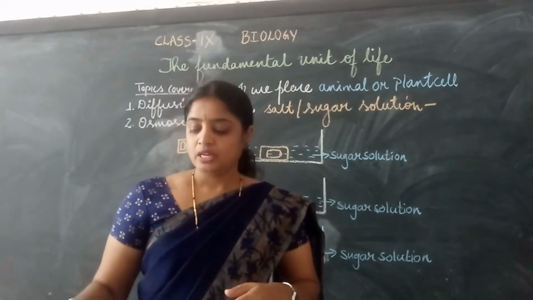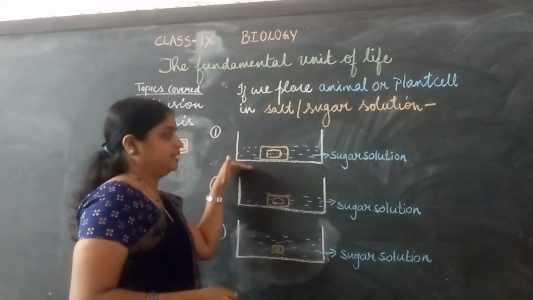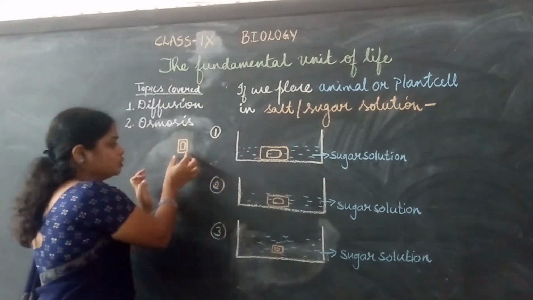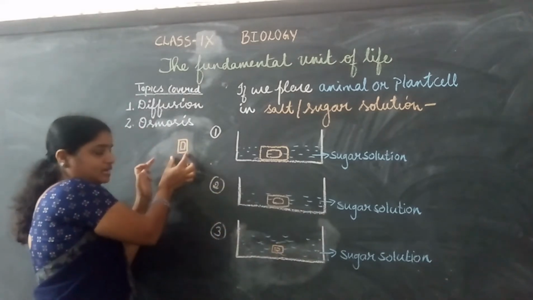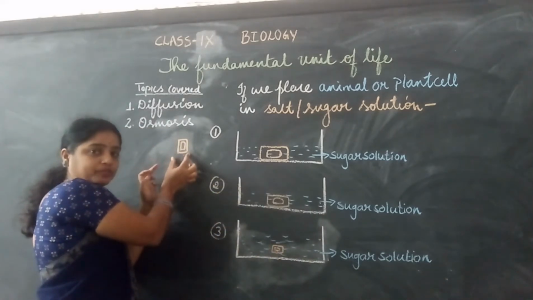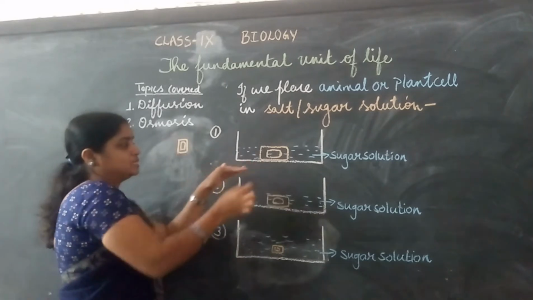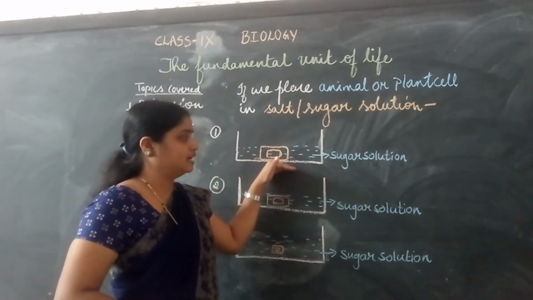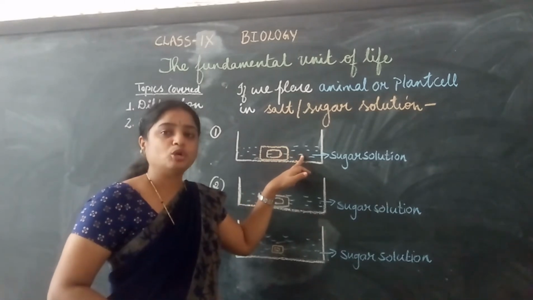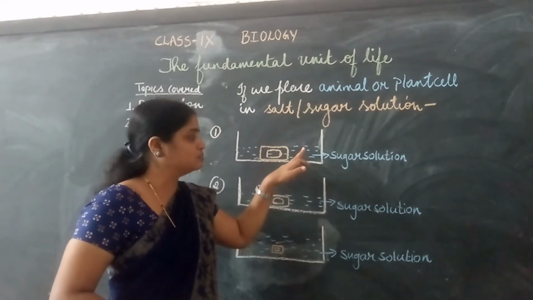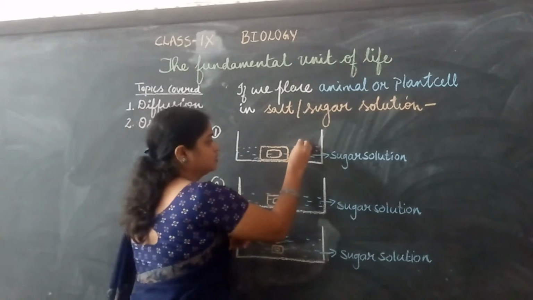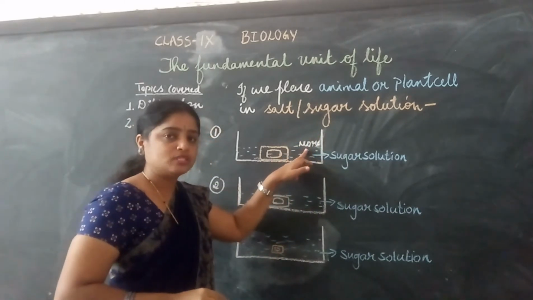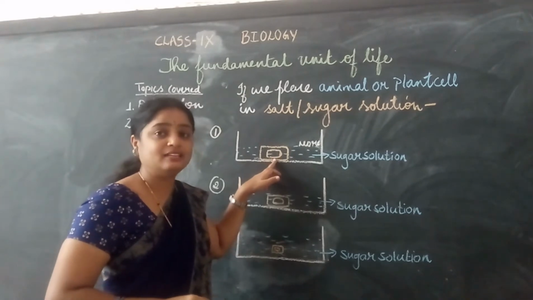We'll see now. In the first condition, I have placed the cell, this is the actual size of the plant cell or animal cell, inside a sugar solution. Here the concentration of water molecules is more outside than inside the cell.